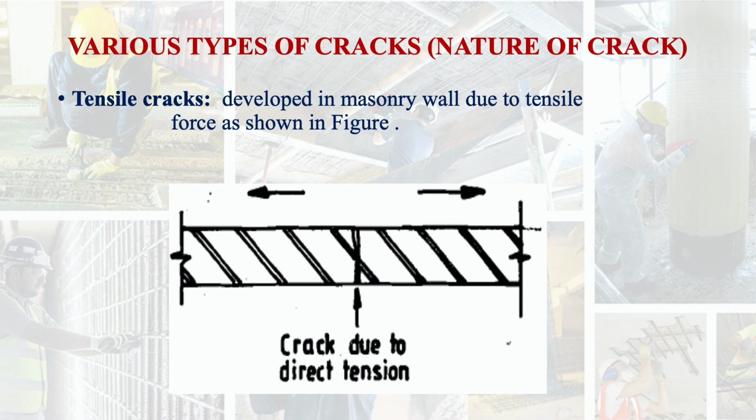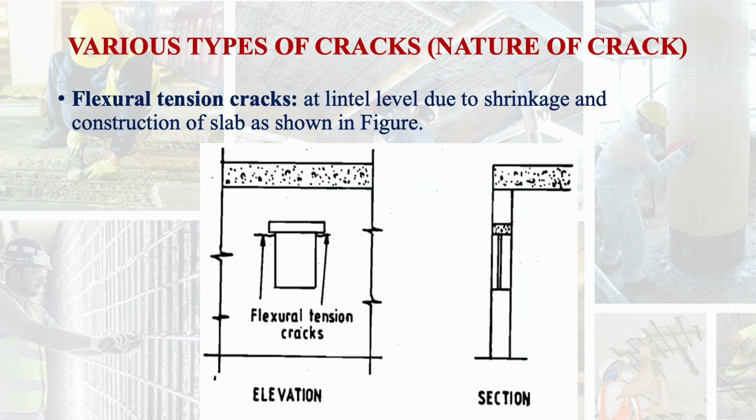So here in almost the middle of that wall, you see a crack which is due to direct tension. So it is a tensile crack. Flexural tension cracks at lintel level due to shrinkage and construction of slab is shown here. You see here the crack near the opening, top portion of the opening here.